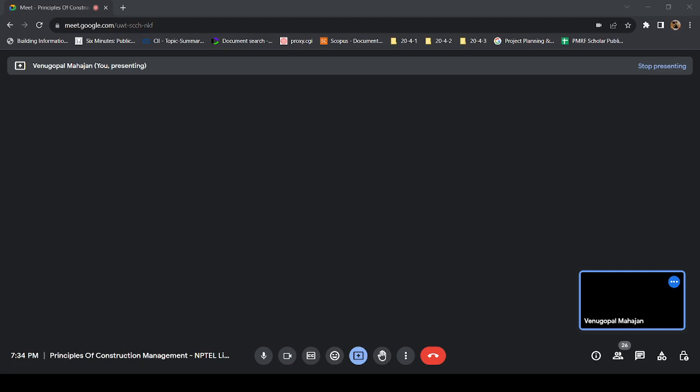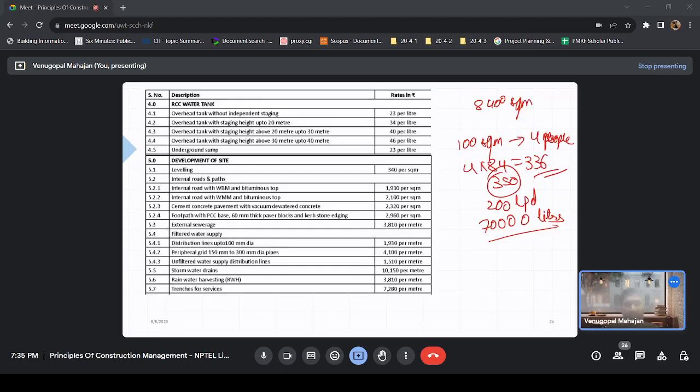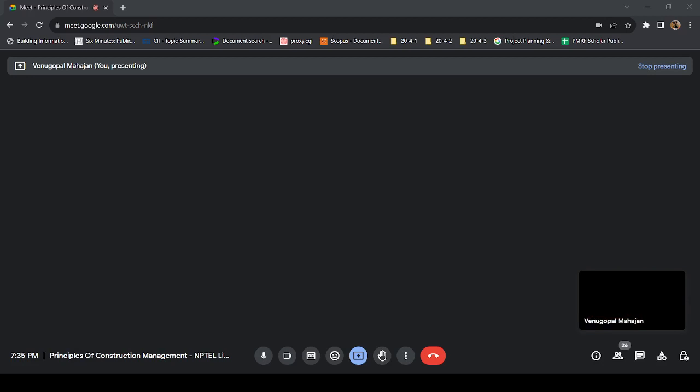Okay, so 70,000 liters. Let's say we are just storing for one day, or what would be the factor of safety here? 1.8 times. What is the maximum? Okay, so do you want to go max? Yes, sir, we'll store for the maximum.